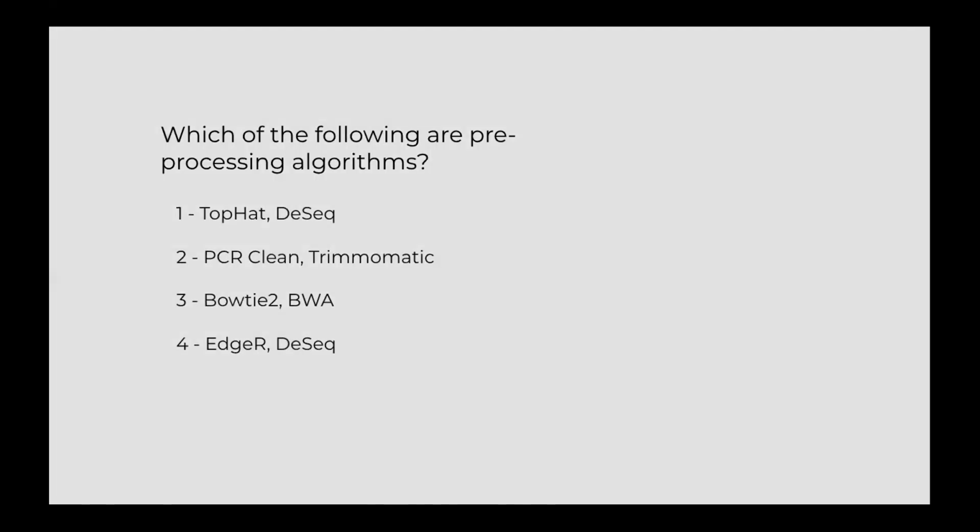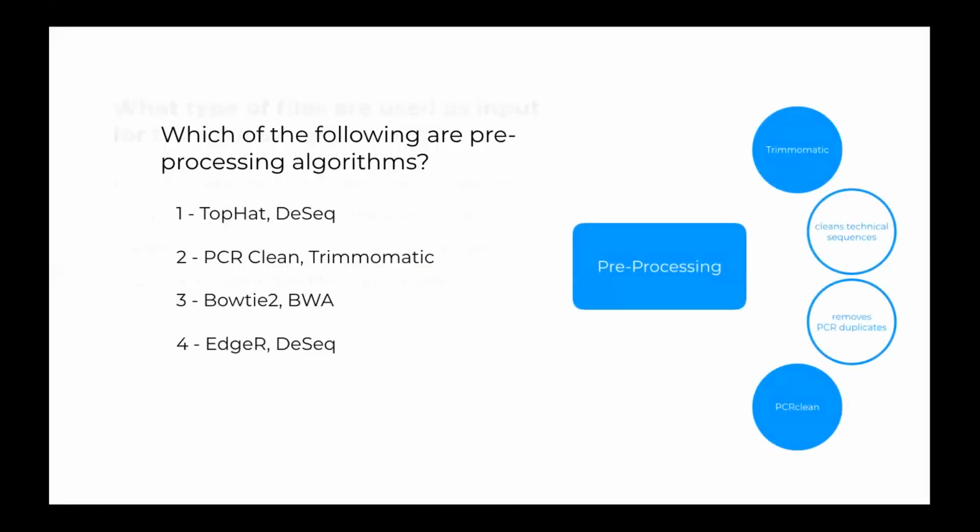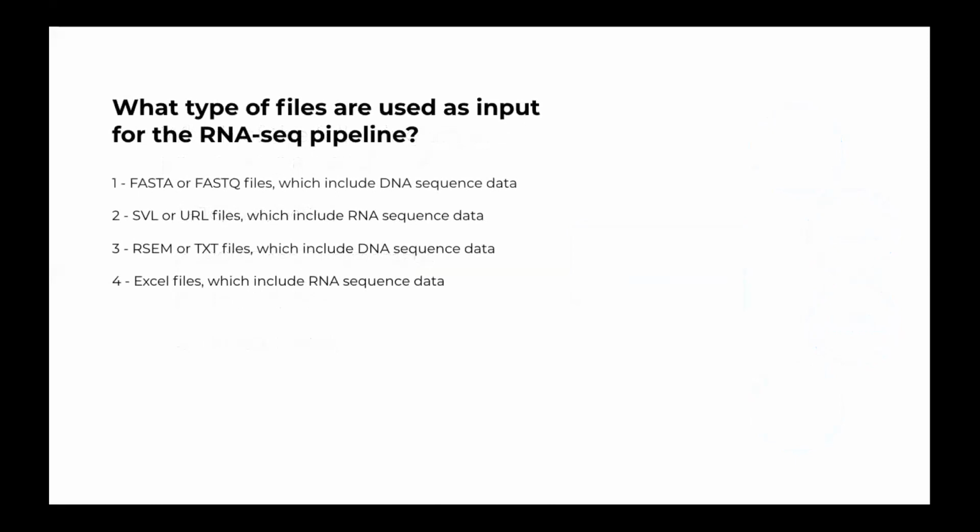So going to the next question. I think we did explain this in detail. What types of files are used as input for RNA-seq pipeline? What I'm asking here is what kind of files would you use as an input?